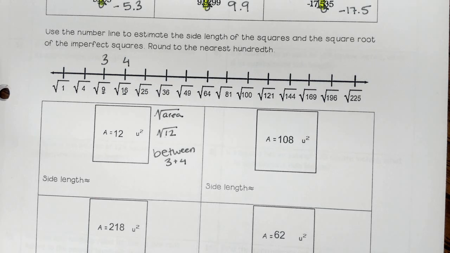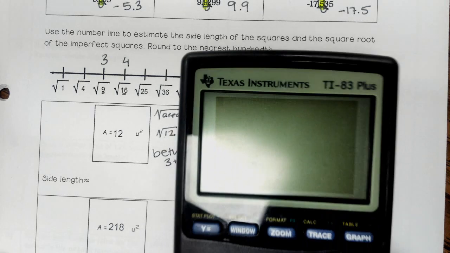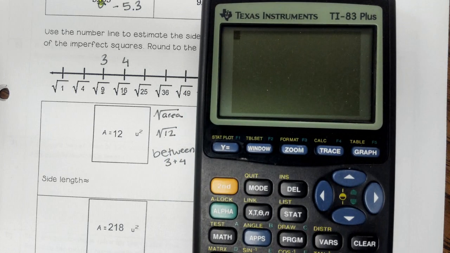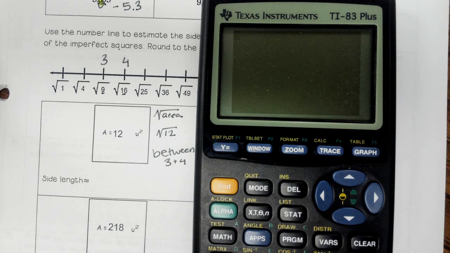This is where we'll use our calculators. I'm actually going to go get mine so I can show you how to do this on a TI-83 or TI-84. Okay. Here I have a TI-83. Normally in class we use TI-84s. Some of you have a TI-83 on your desk.